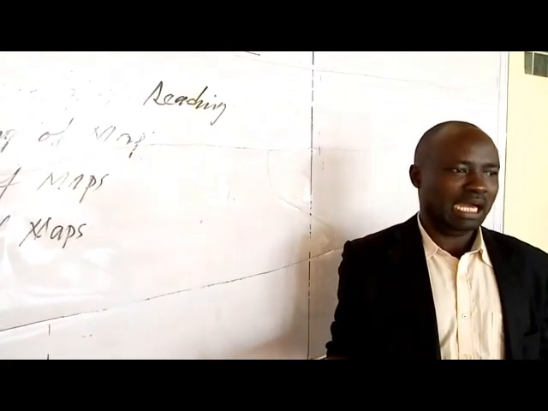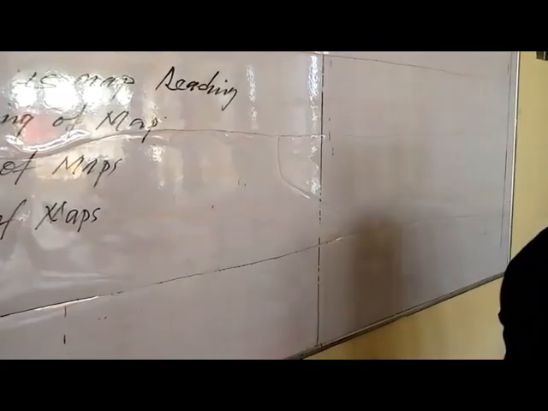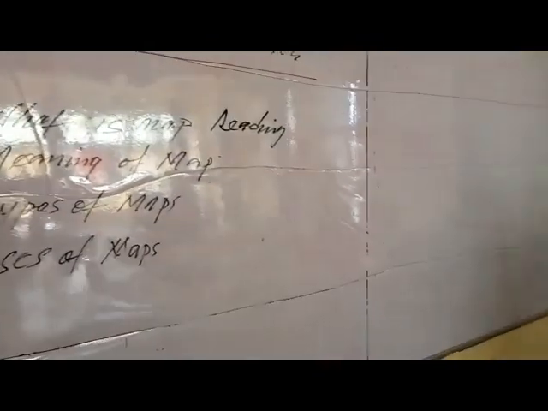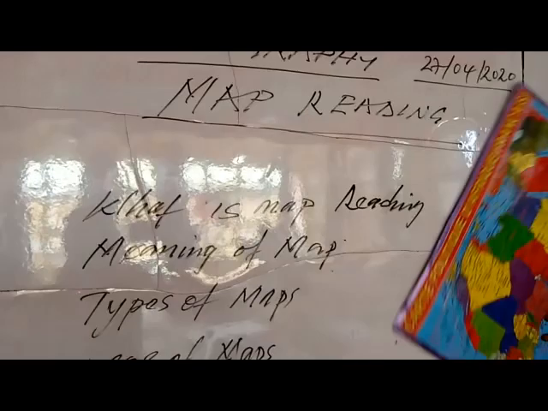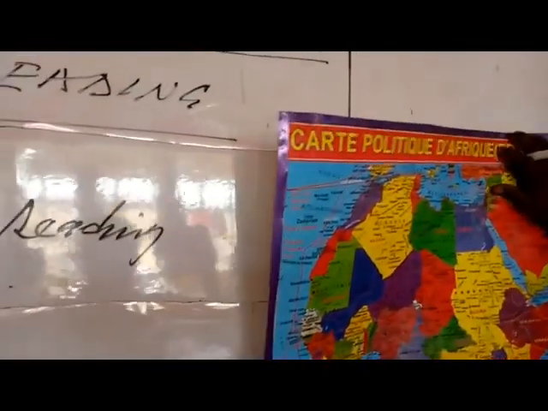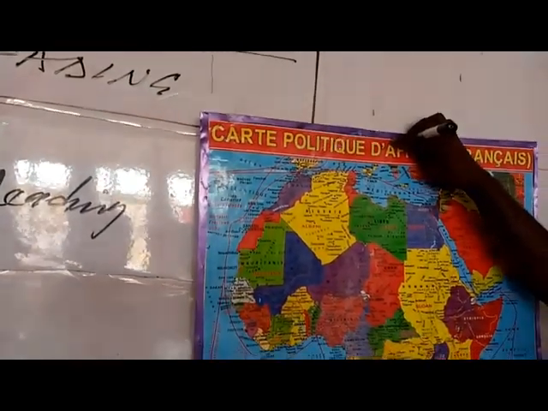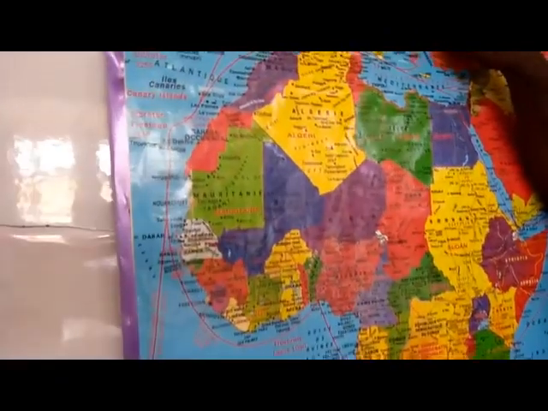Who is the map maker? You come across a particular map, and you are not the one that drew the map. Such as this map, a geographical entity, a map of Africa, showing countries within the African continent.